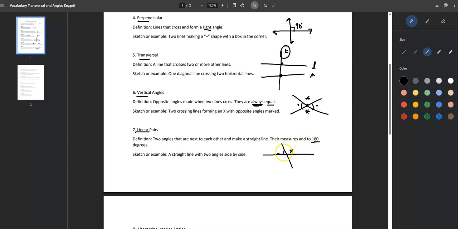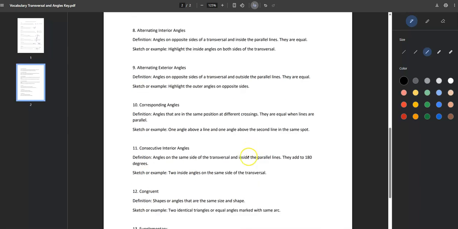These are linear angles. Again, the two that are right next to each other, along with the two that are below as well, are going to be linear to each other. There's only two, they're pairs, and they form this straight line, and that's what we consider to be a linear pair.